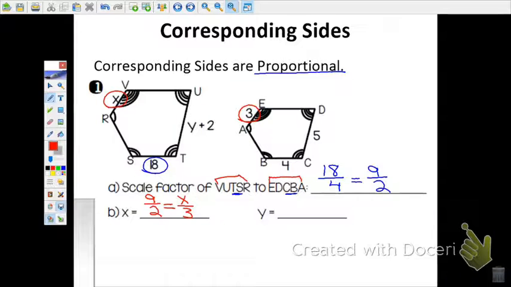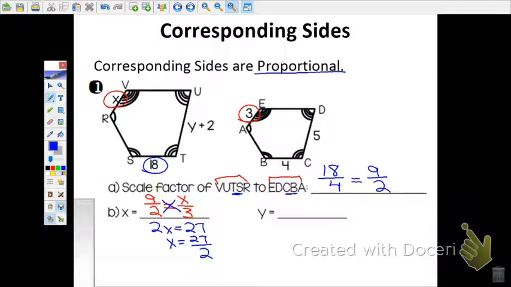So now I need to solve my proportion. So I'm going to cross multiply. 2x equals 27. So x equals 27/2. Okay.